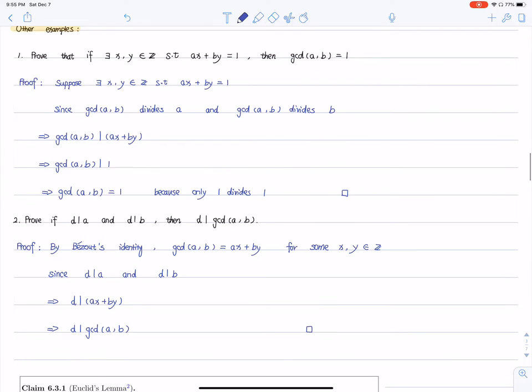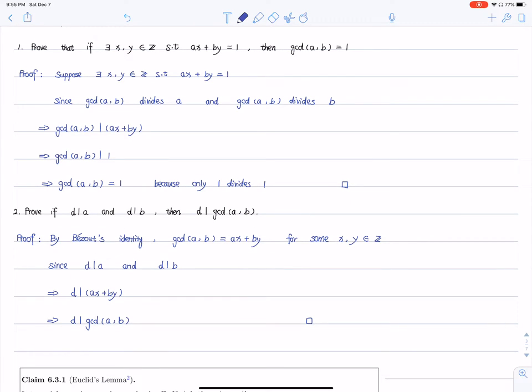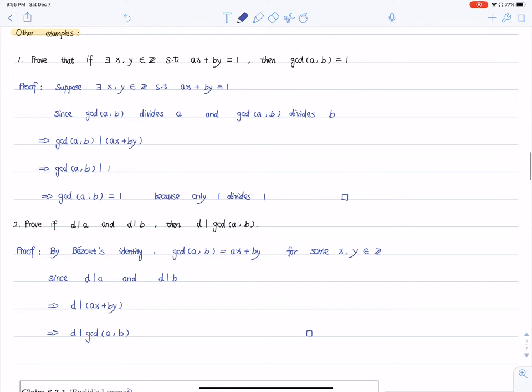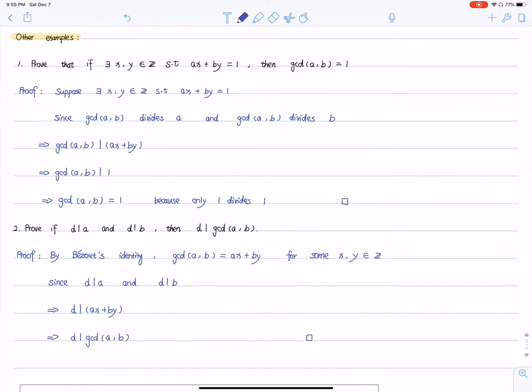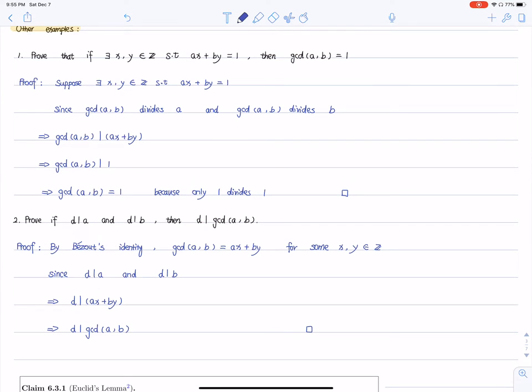Some other example I did here. Those are just using Bezout's identity. First of all, prove that if there exist x and y in integers such that ax plus by equals 0, then the GCD of AB equals 0.